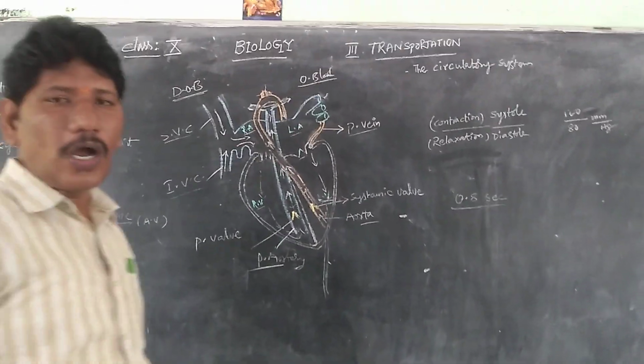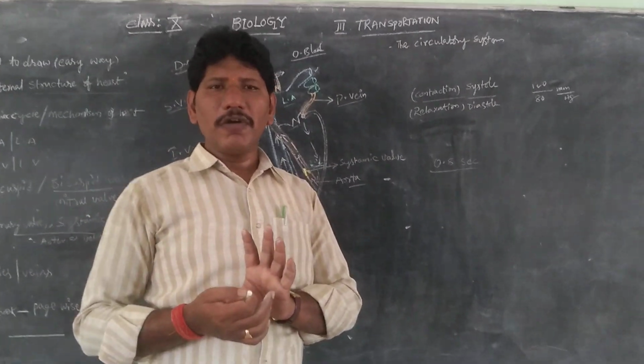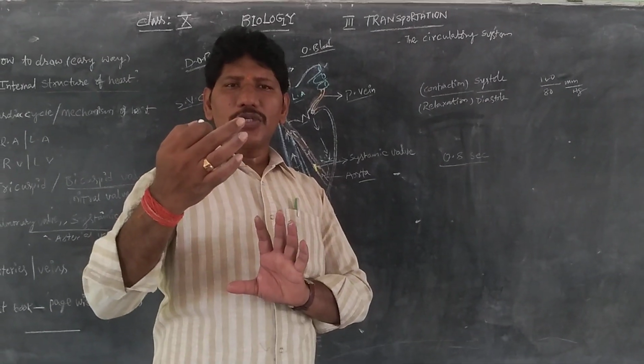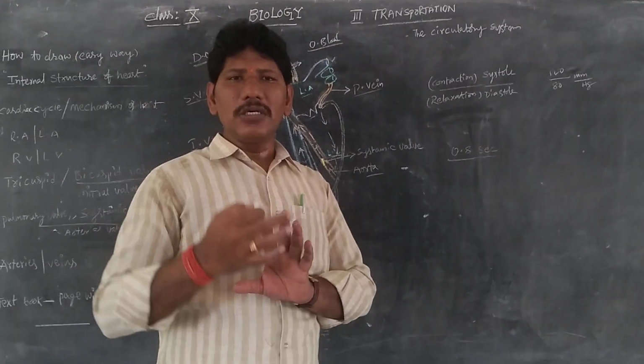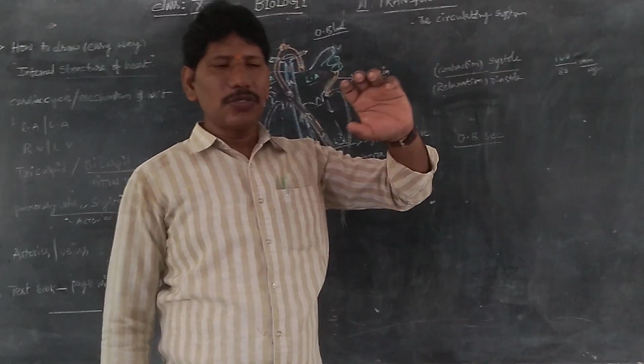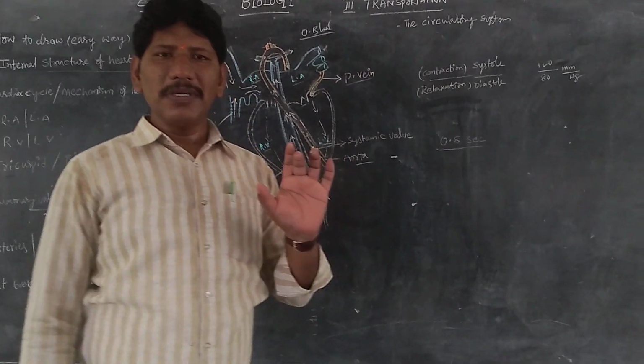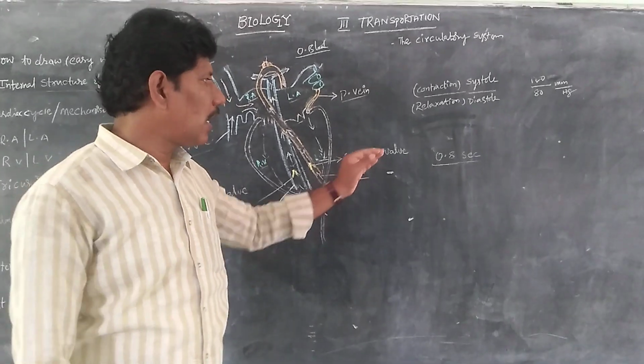Cardiac output we can measure through the formula: the stroke volume of the heart multiplied by the number of heartbeats. The stroke volume of the heart is the volume of blood pumped per beat. This is the cardiac output.